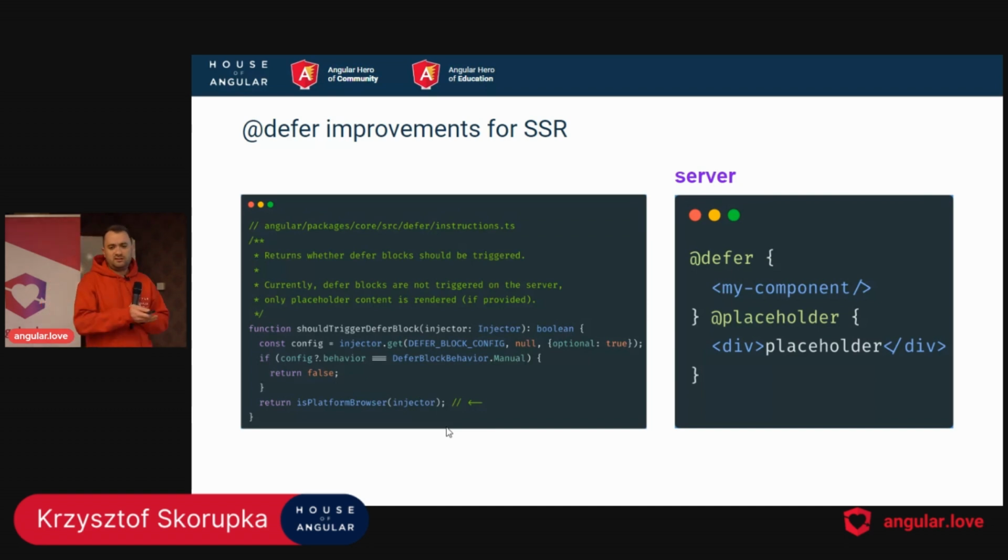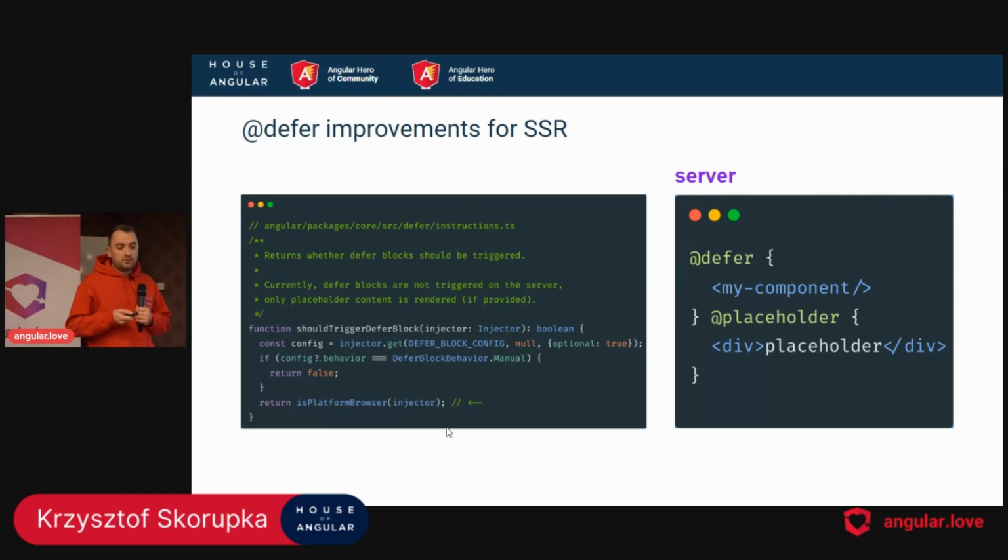Why did they do it only for the client but not for the server? Well, we just discussed that we don't have fine hydration yet, right? So we can only hydrate the whole application. So if we would render my component on the server, then transfer it to the client, we would have to render it also on the client, right? So that really contradicts the whole point of defer on the front end, on the client, sorry.